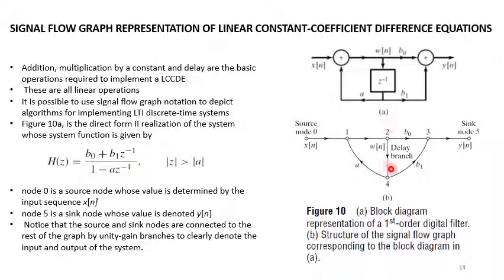Here we have already delayed the signal by one unit, and scaling it by a factor of a will result in a y of n minus 1. So that's the signal flow graph representation for the given system function. This is the block diagram representation, and this one is the signal flow graph representation.